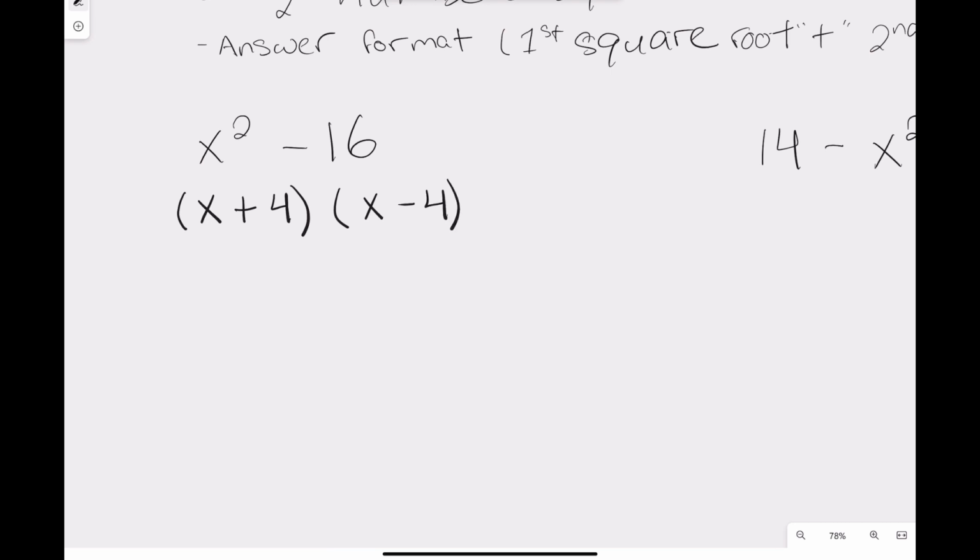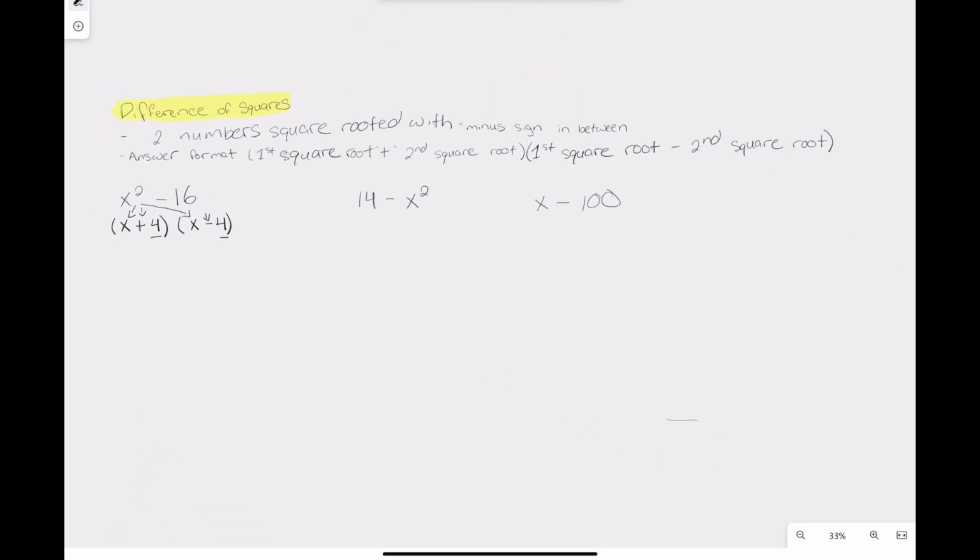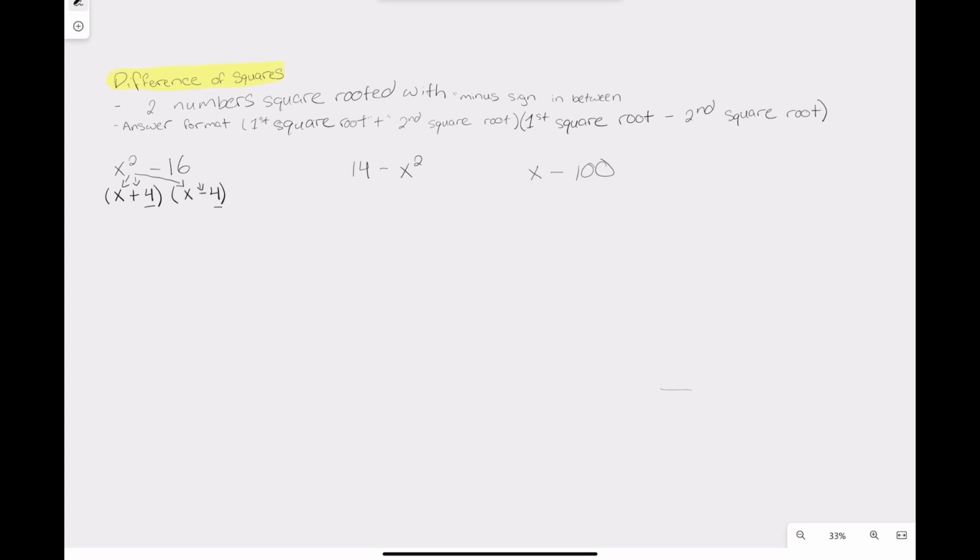And so the format of the answer to a difference of squares is that you square root both terms, and you put the first square root at the beginning, then one bracket has a plus sign, one bracket has a negative sign, and then you put the second square root there. So the first square root plus the second square root in one bracket, and the first square root minus the second square root in another bracket.